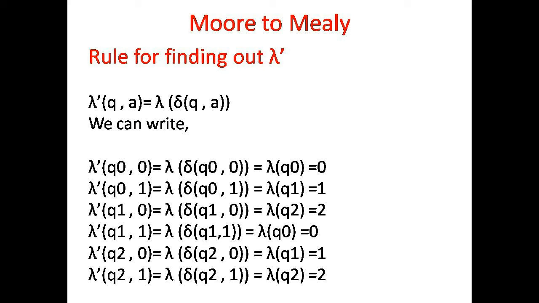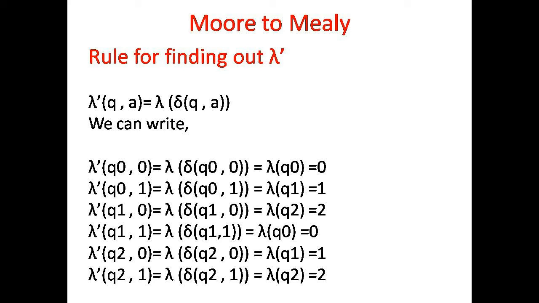We find the lambda machine function by using this formula: lambda dash of Q, A is equal to lambda of del of Q, A. We can write lambda dash of Q0 on 0 input symbol as lambda of del of Q0 on 0. The del of Q0 on 0 input symbol is Q0, as we can see in the transition table for the del function.